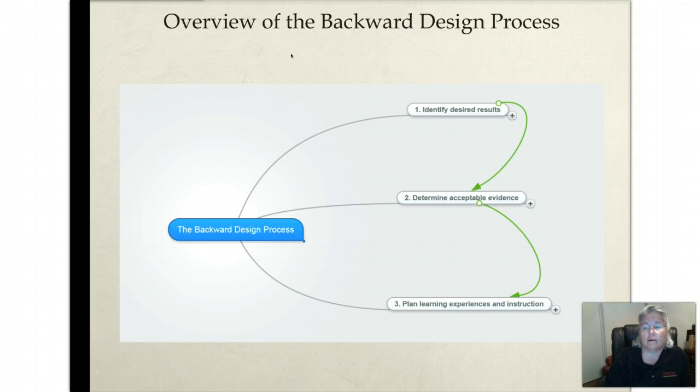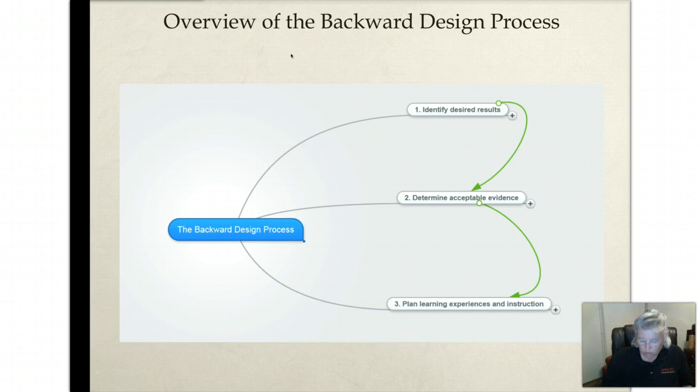It's really important that this three-part process works in conjunction. To me, the most important thing is that step one is identifying your desired results. What are the results? And then what is acceptable evidence of learning?